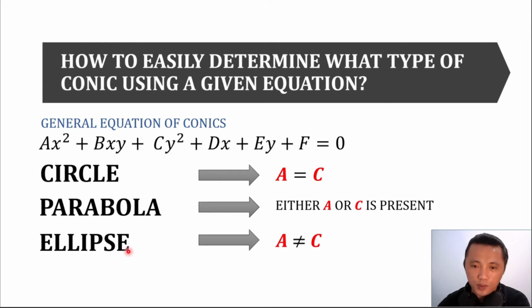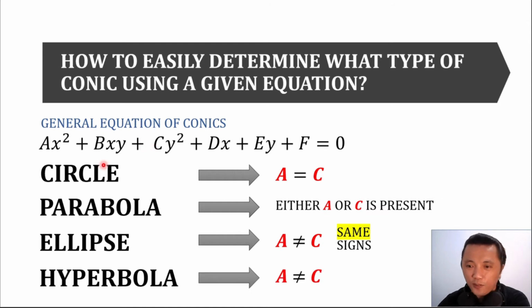For an ellipse, you have a is not equal to c. So if both a and c are present but they are not equal, that might be an ellipse. But they should be the same sign. Okay? Same signs. So if a is positive and c is positive and they are not equal, that is an ellipse. For a hyperbola, a is not equal to c also, but they are different in sign.